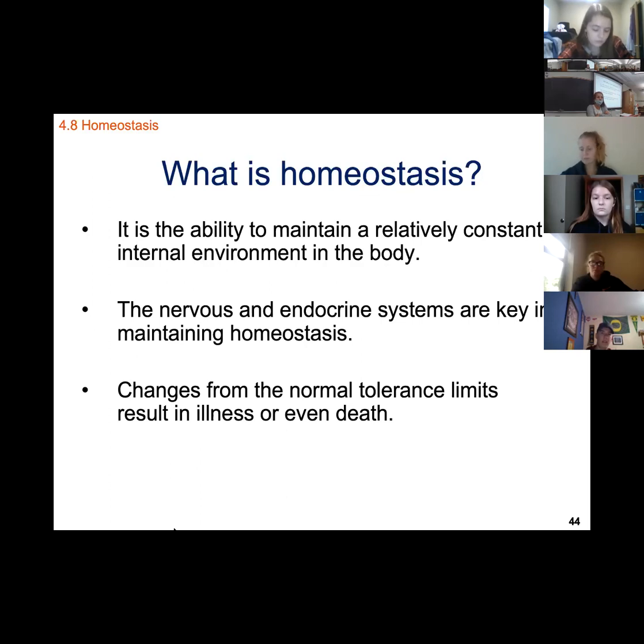The last bullet point says changes from the normal tolerance limits result in illness or even death, okay? So when you hear of somebody getting hypothermia, it's when they've been too cold for too long. This is what results in illness or even death when we're not at homeostasis. Because if you go outside and walk to your class and decided to not wear your coat that day and it's December 17th and it's cold, you're going to be okay, right?